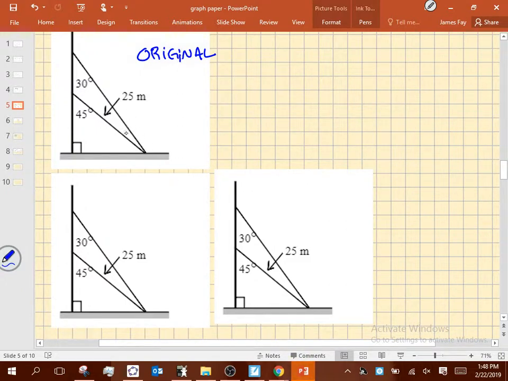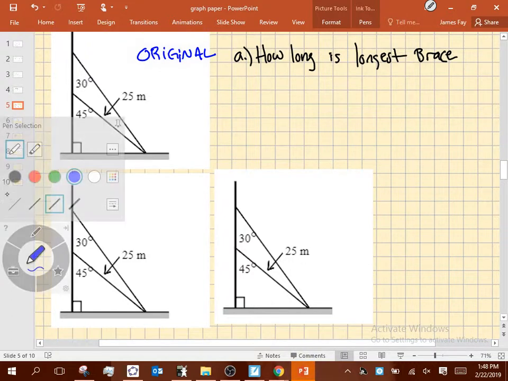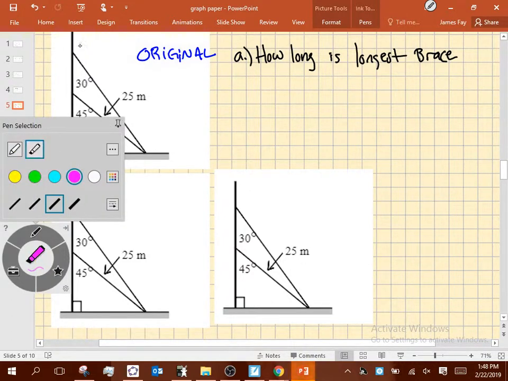Now, when I look at the original one, they asked me two questions. The first question is, how long is the longest brace? If we look at the picture, the longest brace is going to be that distance right there, correct?